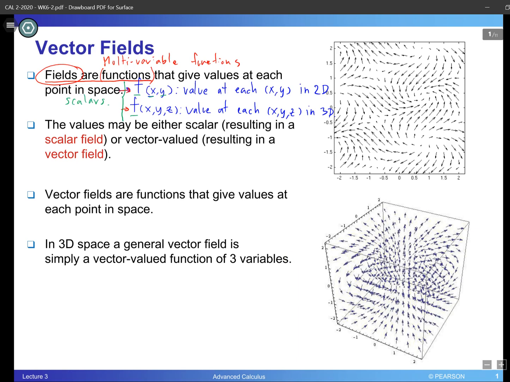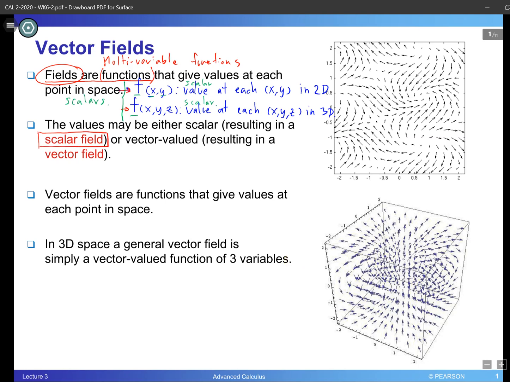Which means that the values that we assign to them all have to be scalars, scalar right here and also scalar right here. When you assign a scalar to each location in the space, and you look at this as a field, we call them a scalar field. That is the concept of a scalar field: you assign a scalar value to each location.